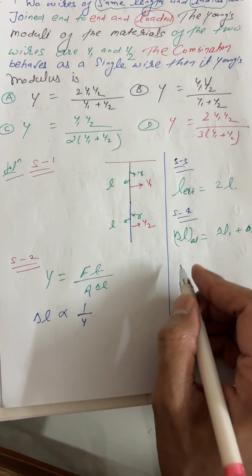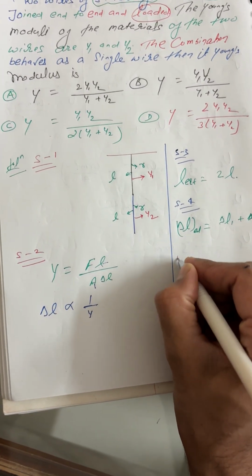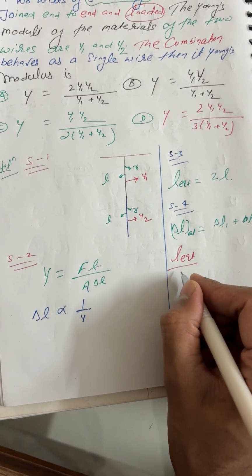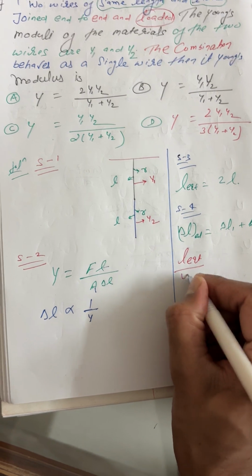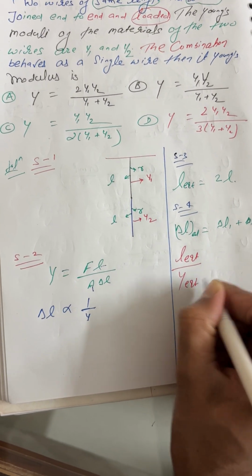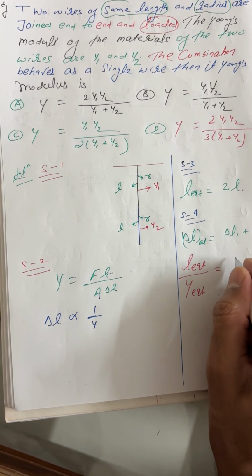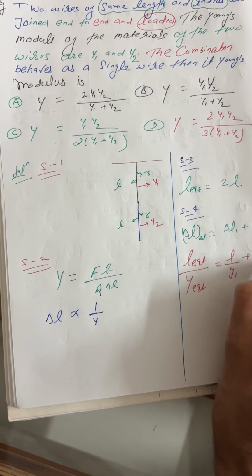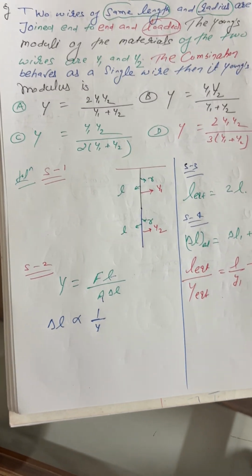So delta L equivalent can be written as L equivalent upon Y equivalent, which equals L upon Y1 plus L upon Y2. Simple.